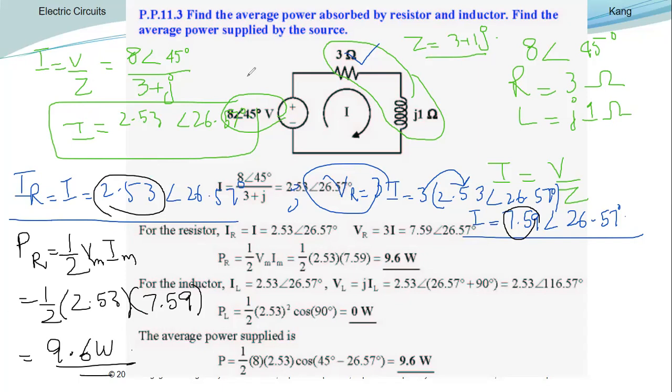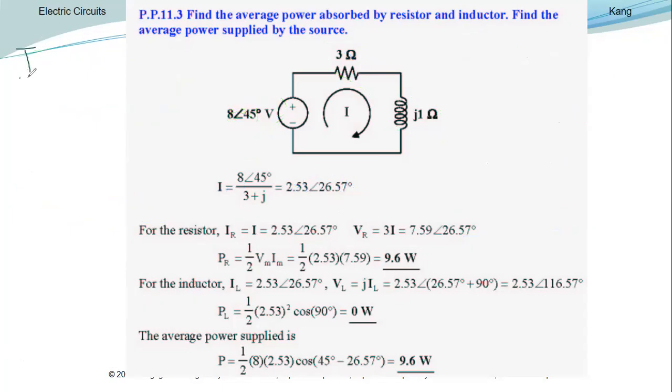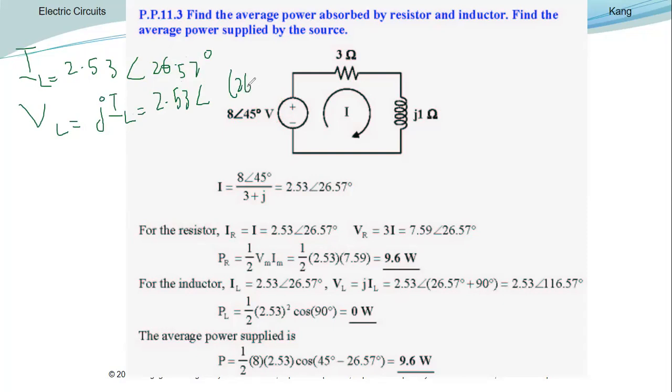So IL will be equal to 2.53 with the angle 26.57 degrees, and VL will be equal to j IL, which will be equal to 2.53 with the angle 26.57 plus 90 degrees. So VL equals 2.53 with the angle 116.57 degrees. Since it is polar, it will be divided with the angle.